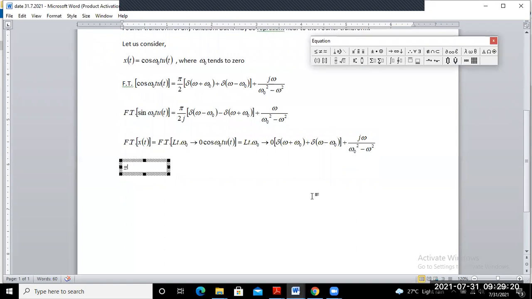Is equal to pi into 2 delta omega, plus j omega divided by minus omega square.